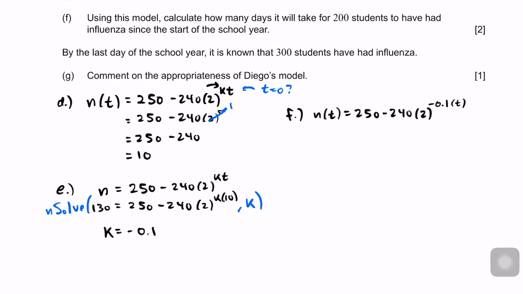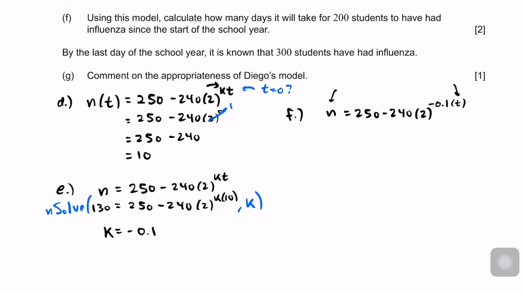And in this case, remember, this is a function which relates inputs and outputs, so I'm actually going to erase this and write n. So we can plug in some value of t, which is an input, and it will tell us the number of students that have had influenza up until that time. But there's nothing to say that we couldn't plug in an output.